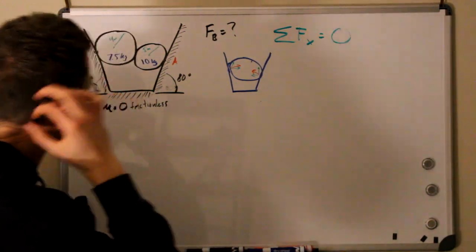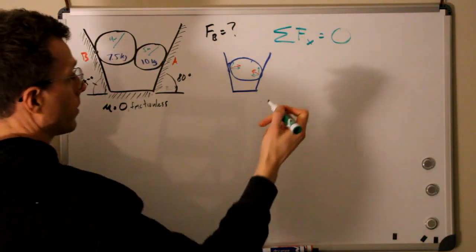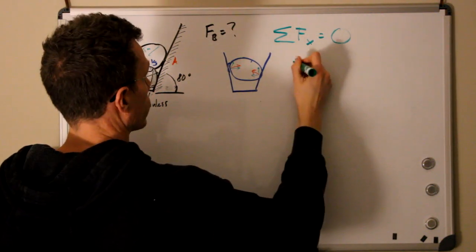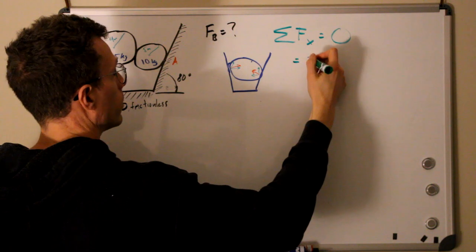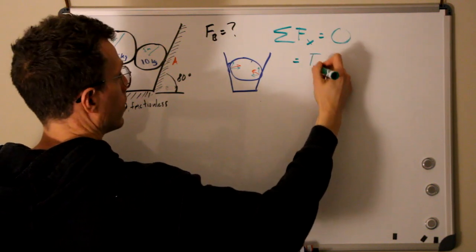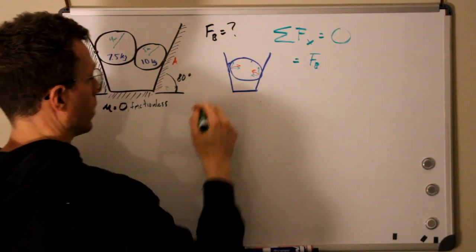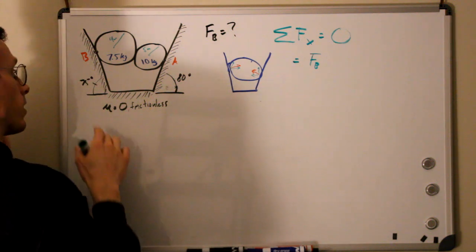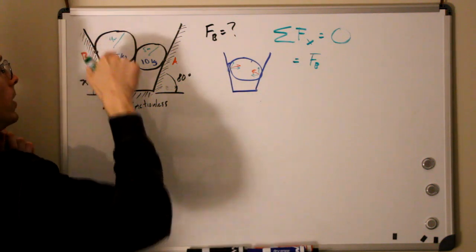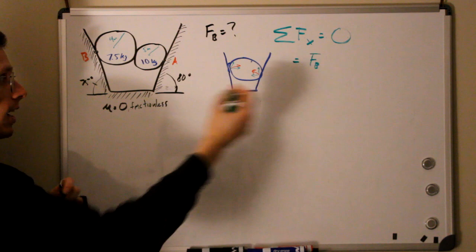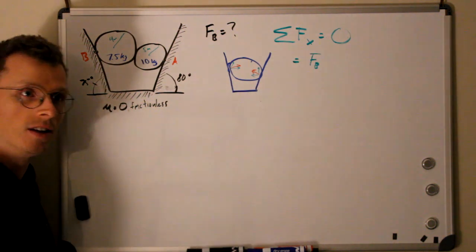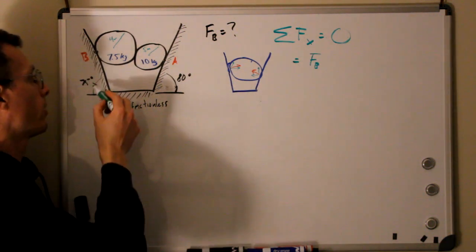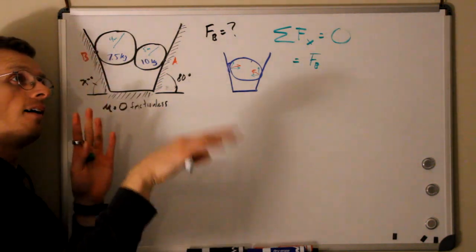So with our X direction, this is going to be equal to the force at B, but we need to figure out what component of that is our X. This is a trick that I like to use, so I'm not worried about how the angles go.